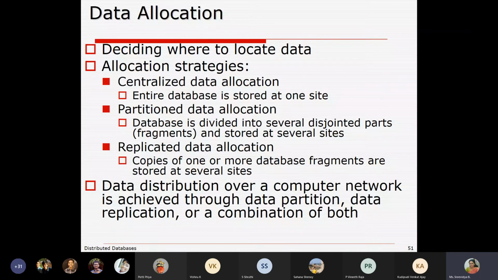The second is where you have fragmented it, and certain fragments are stored at multiple sites. A copy of one or more database fragments is stored at several sites. So the data distribution process is where you make sure that data partitioning and data replication are done, and the combination of these two ensures that the data is spread across all the distributed database nodes in the system.